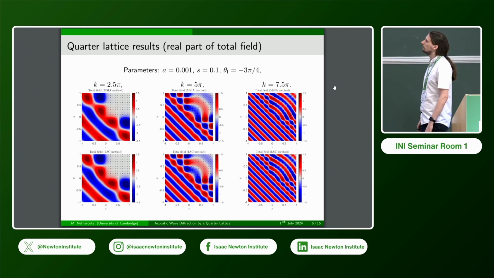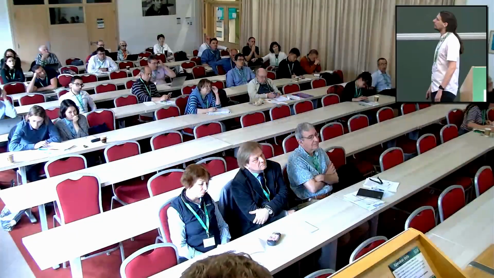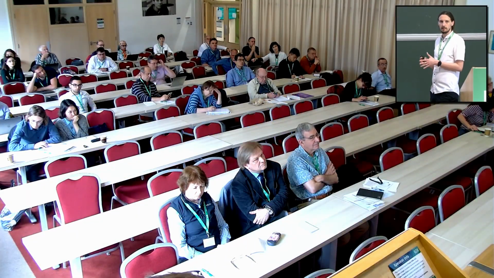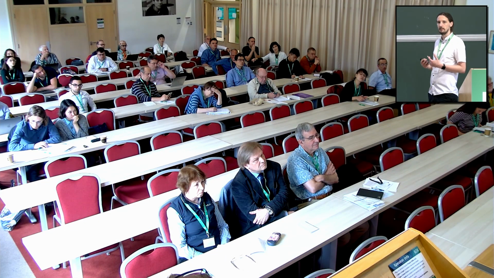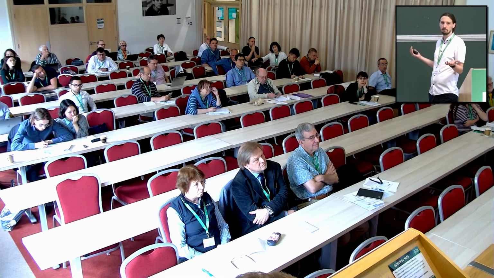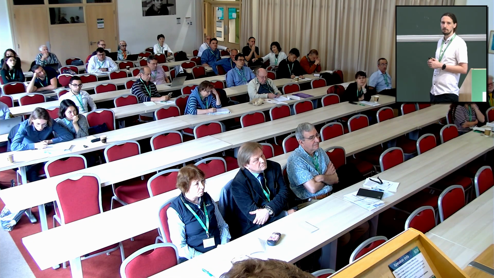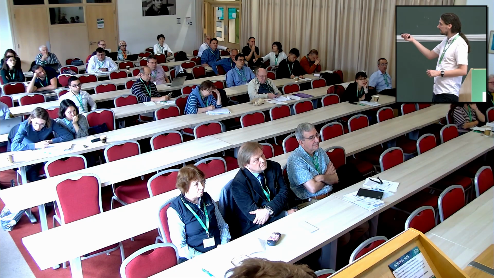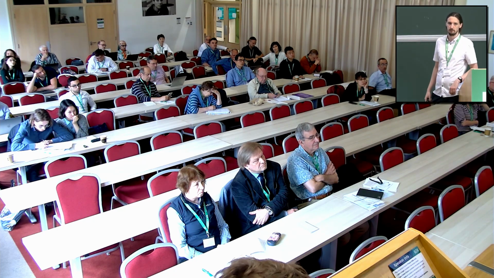I can probably get as far as 100 by 100, and maybe 200 by 200, but by that point I'm running out of RAM. But in these ones it's 50 by 50.